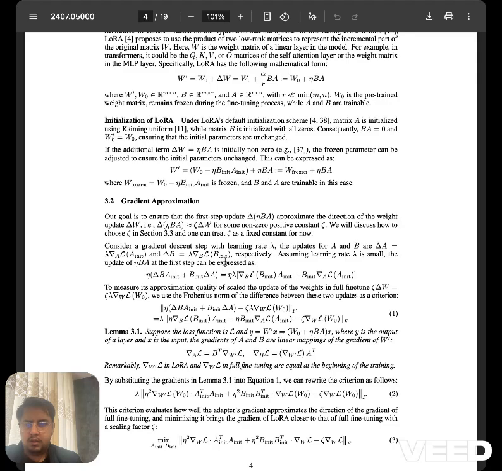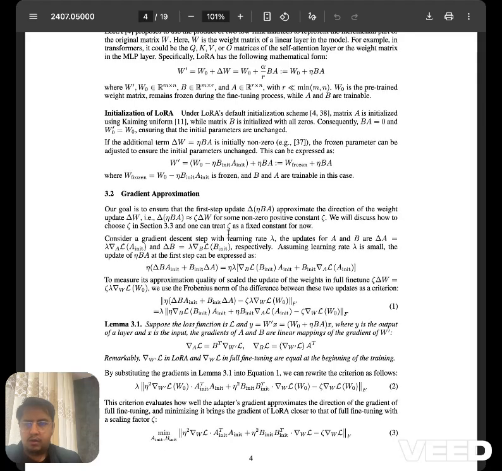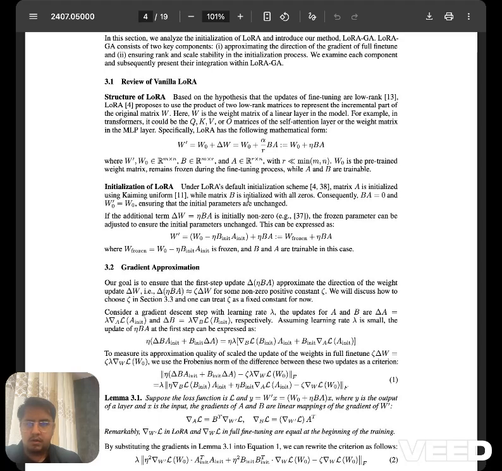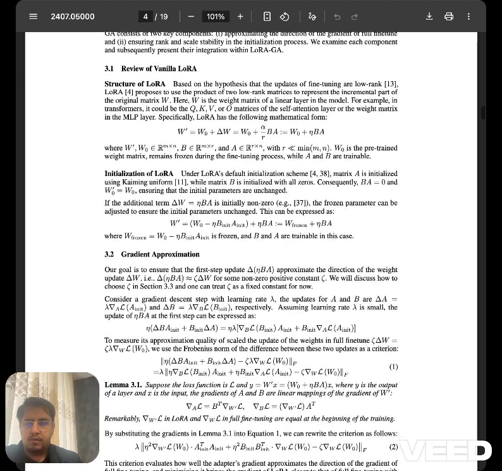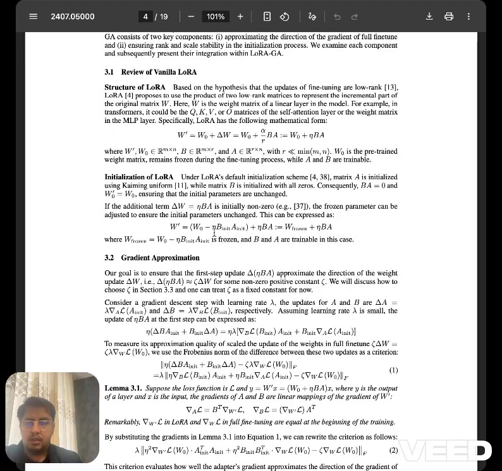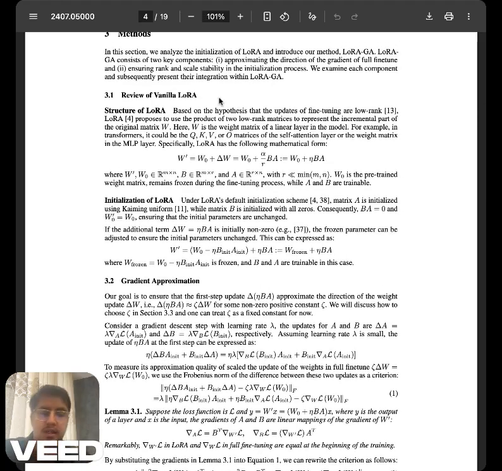Yeah. So this is what they've discussed throughout LoRa as well as vanilla LoRa, and initialization of LoRa. Oh, we did miss one thing. Basically, LoRa, as we discussed, and I didn't say this explicitly, the initial point of LoRa would ideally want to be as close to the actual full rank weight matrix as possible at the starting point.